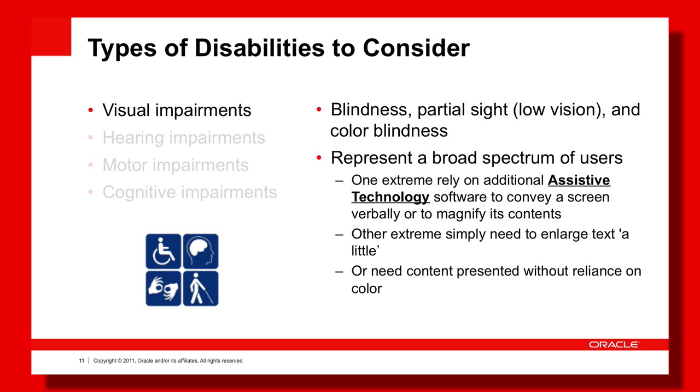Now, people with partial sight, or who wear glasses or things along those lines, generally it's a case of making text larger and not putting lots of detail on the screen. For colorblind people, it's things along the lines of error messages that are in red. They may not be able to see the color red, so you may need to actually put the word error in front of the error message.